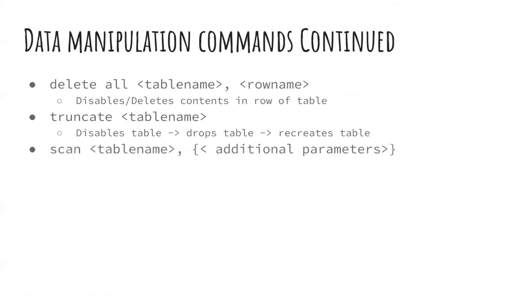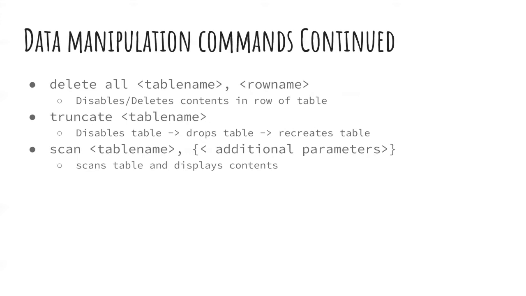All right, then we got scan. With scan, it scans the table and displays the contents. So this is pretty much like the select command from MySQL. It retrieves the data from our table, and then we can add additional parameters.